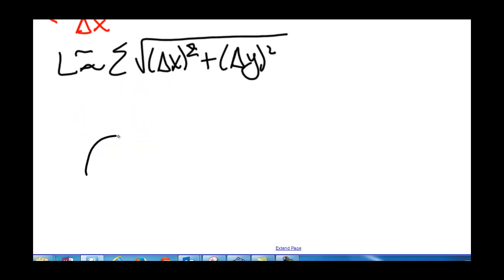If we have a curve, we're adding up all of the line segments that we use to approximate the length of the curve.